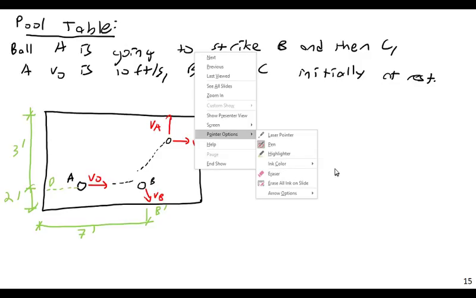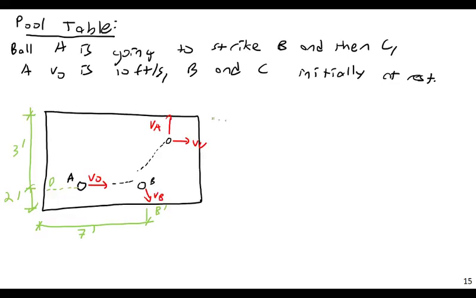And then I'm also told, for whatever reason, the dimensions here. This is going to be point A prime and point C prime. From here to here is 8 feet.